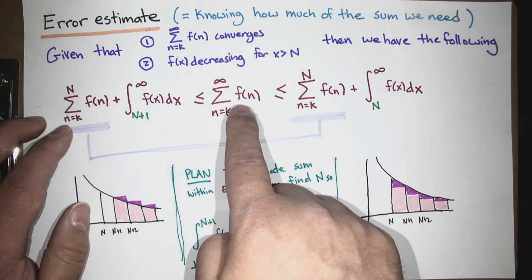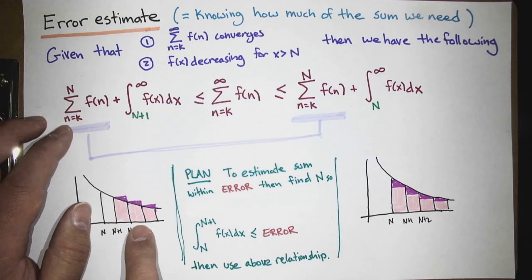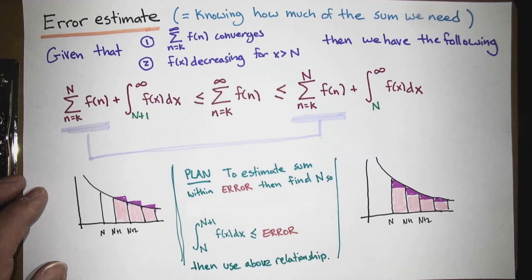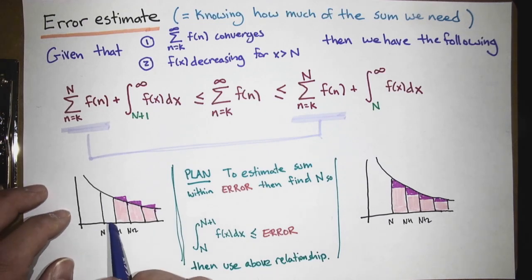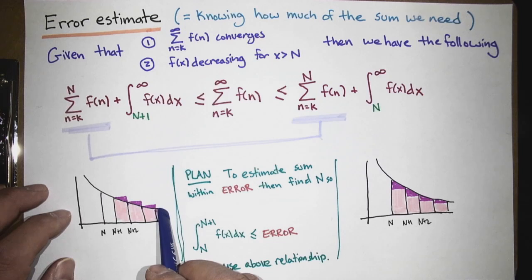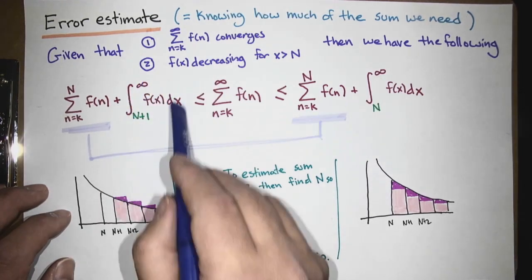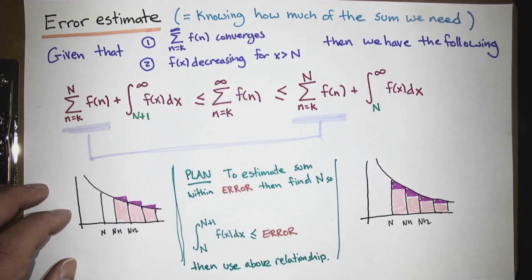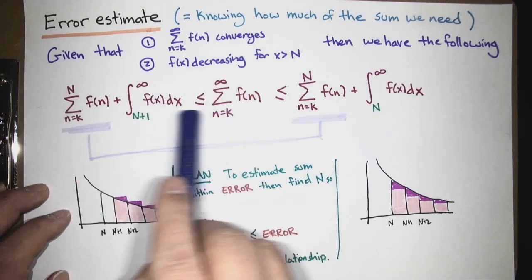So I'd say I need to look at f of n plus 1 plus f of n plus 2 plus f of n plus 3 and so forth. So f of n plus 1, that's the rectangle. And notice the rectangle is above the curve. So this integral, the curve, is below the sum of the rectangles. So that's why that inequality is true.